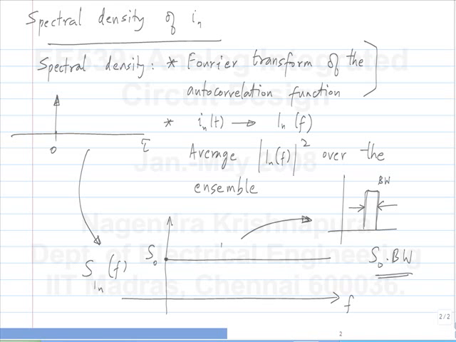It's measuring the density of the mean square value of the quantity over frequency. You can think of it as power. In this case, the units are not power. We are still talking about only a current, but it's the density of the mean square value of the process over frequency.